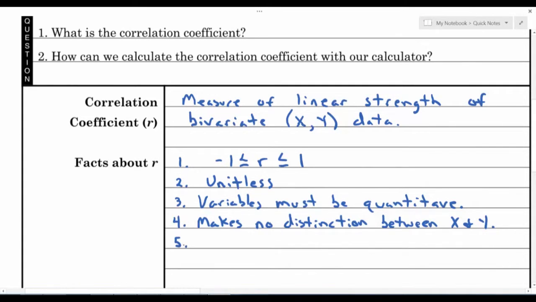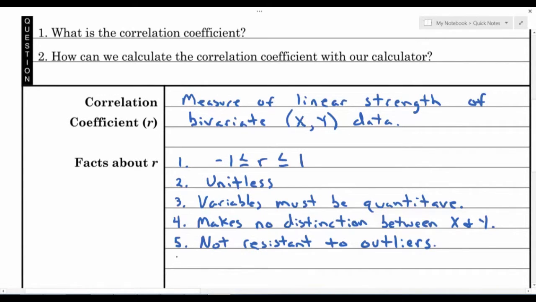Number 5, it is not resistant to outliers. One point that's a little astray in your data can greatly impact the correlation.